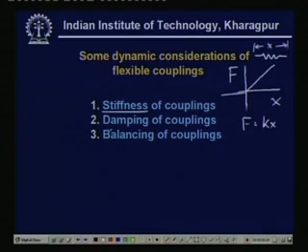Then the second point is the damping of the coupling. Whenever there is a motion involved, it must damp out, and those two are very much essential because the flexible couplings should also absorb some of the shock load. For example, when we have reversal of drive, in a two-way drive, there may be backlash, and because of backlash there may be sudden shock on the drive system.